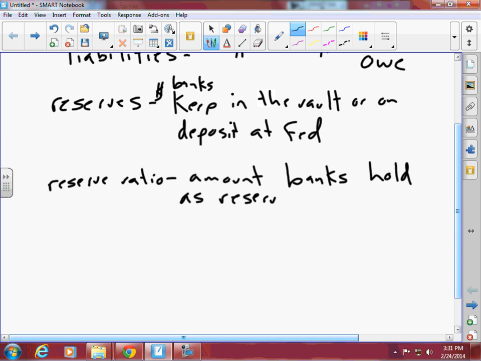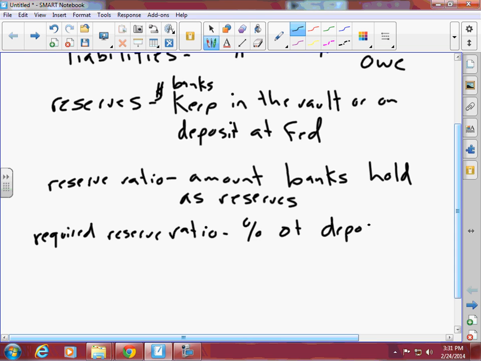Okay, so in other words, if you put $1,000 in the bank, the reserve ratio is how much of that $1,000 do they keep in the vault, or do they give it out to the Fed? And the required reserve ratio is the percentage of deposits the banks must keep as reserves.